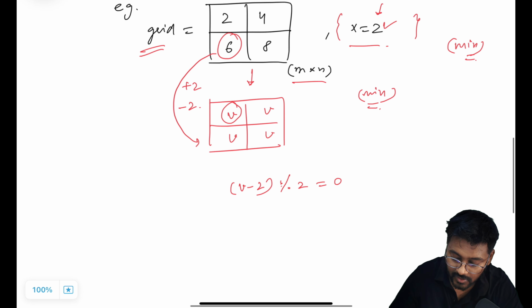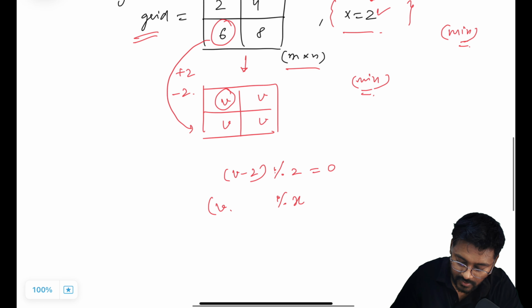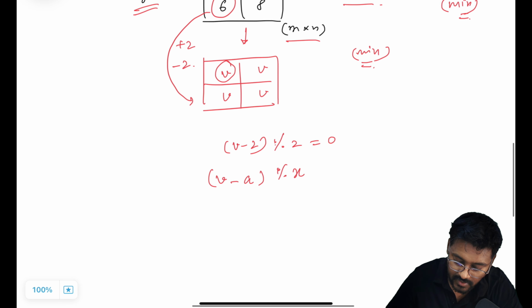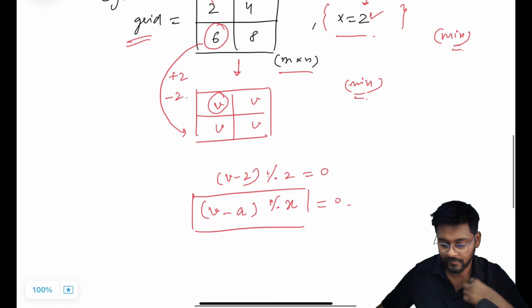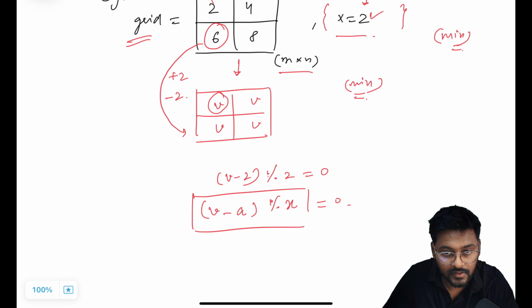Taking v as the value of my new grid and a as the value of the old grid, v minus a modulus x should be equal to 0, right? Why? Because we have either subtracted x multiple times or added x multiple times.